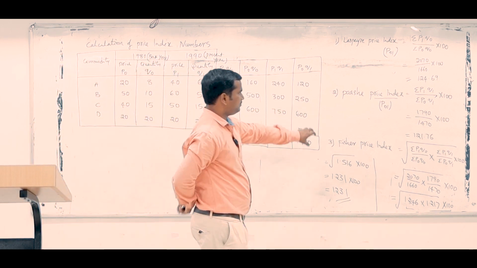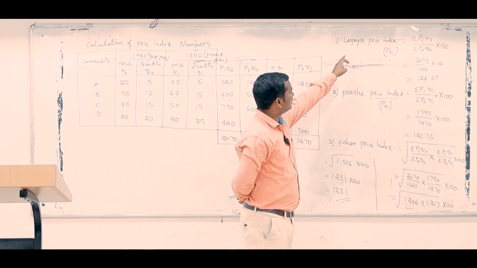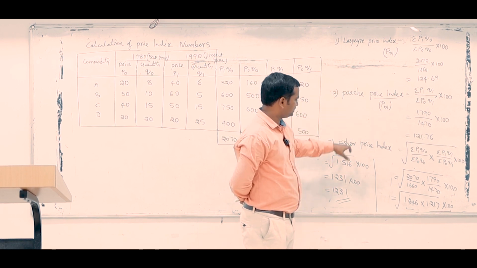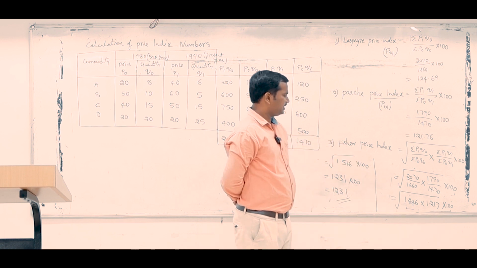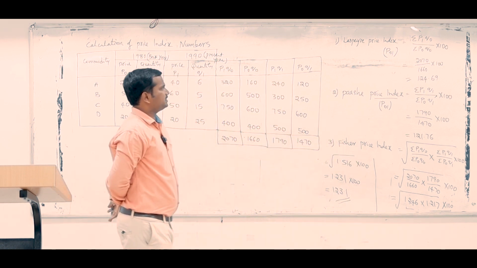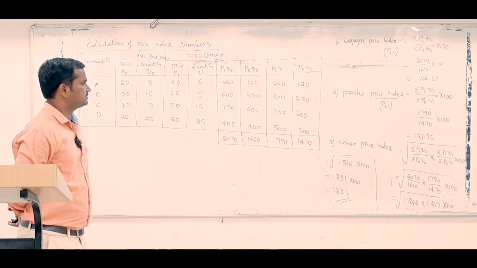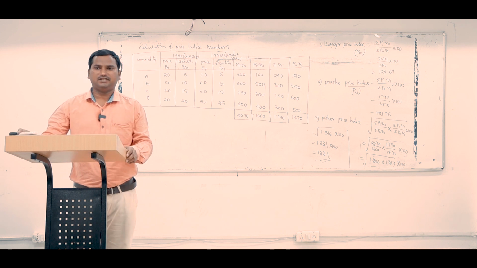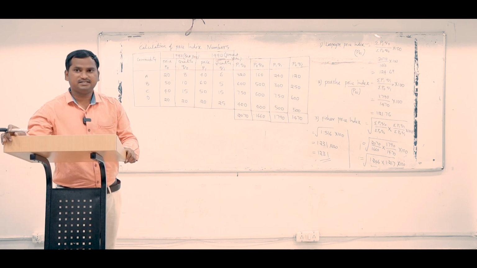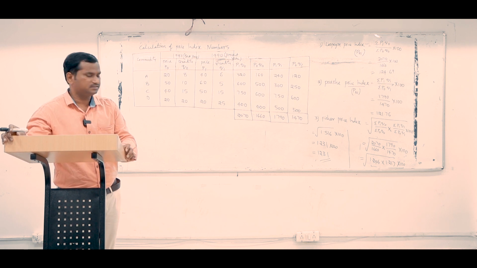So these are the three important price indexes that are used in statistics: Laspeyres price index, Paasche price index, and Fisher price index. So that is the price index numbers given by three methods.